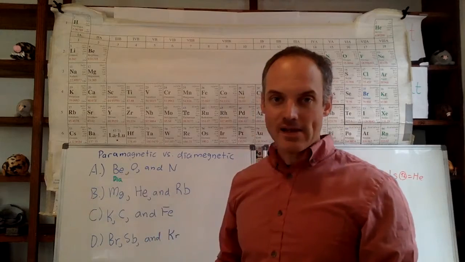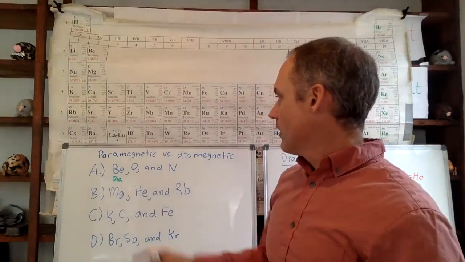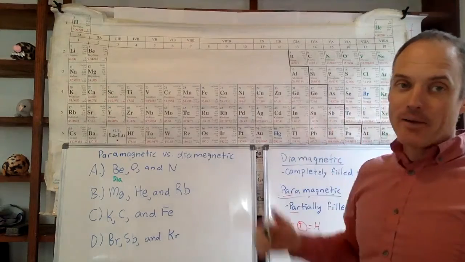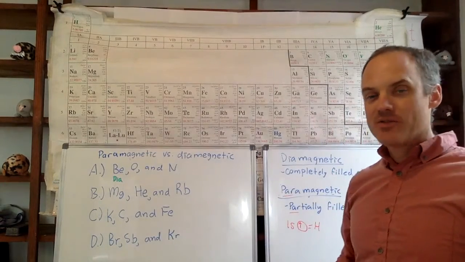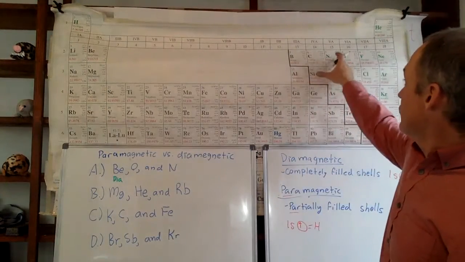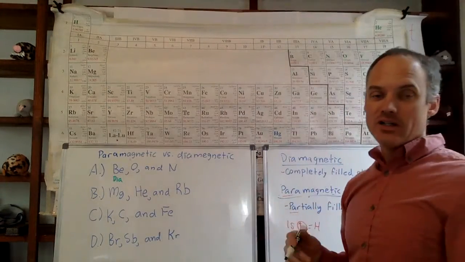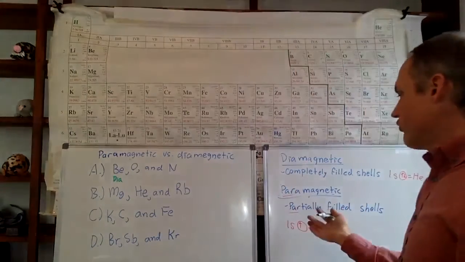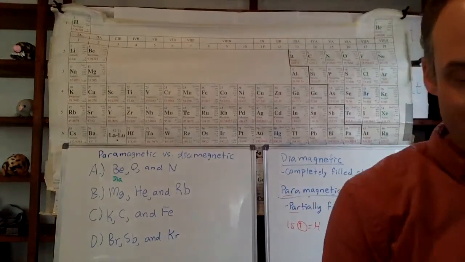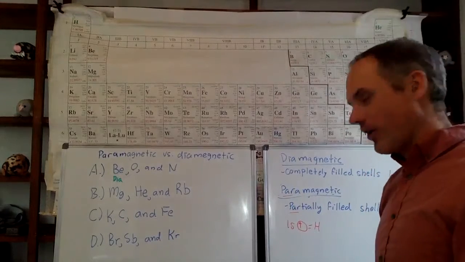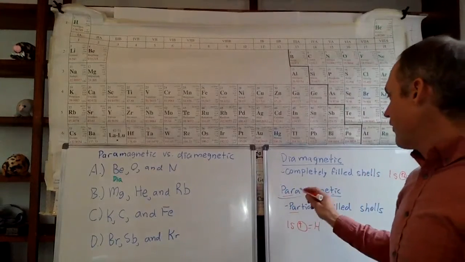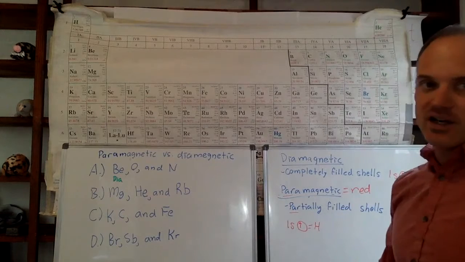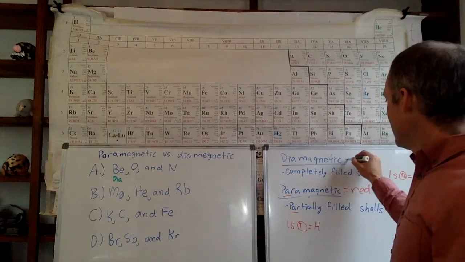Oxygen is not. Oxygen's smack dab in the middle of the p subshell. So it's p1, 2, 3, 4. It's a p4, and p6 is completely filled. So that's a partially filled shell. Let's use color coding. Paramagnetic I'll mark as red, diamagnetic as green.